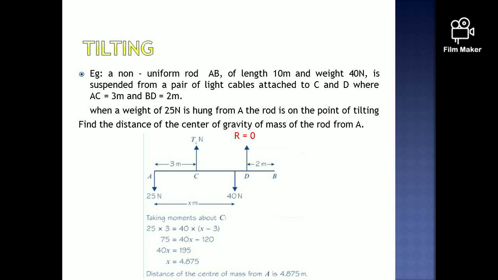Hopefully you can understand where this x minus 3 came from. Then if you simplify this, you will get x equals 4.875. That means the object remains in equilibrium if the center of gravity of this non-uniform rod is at a distance of 4.875 meters from corner A. That is the condition we have to understand from this question, and that would be the final answer.